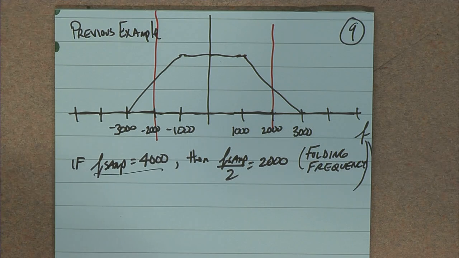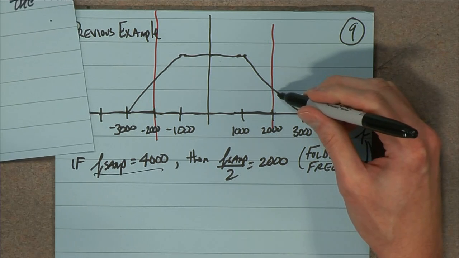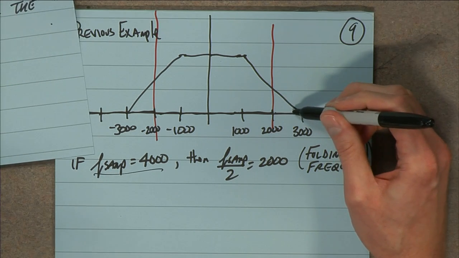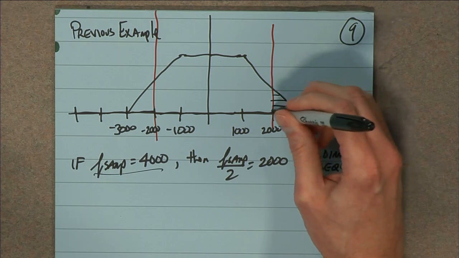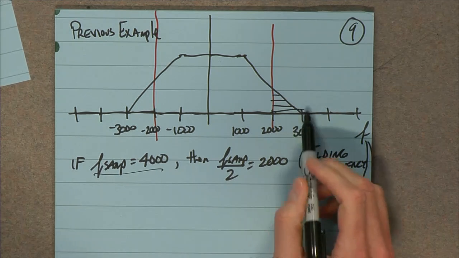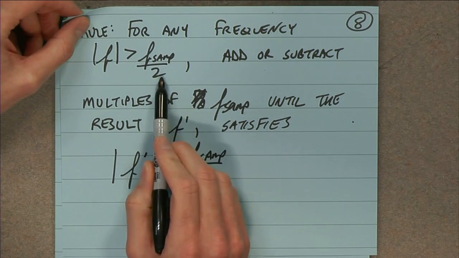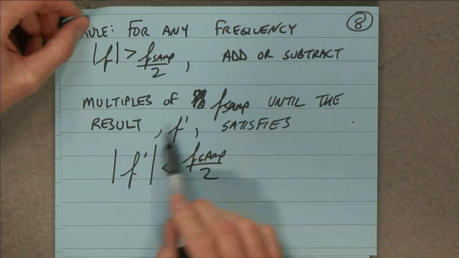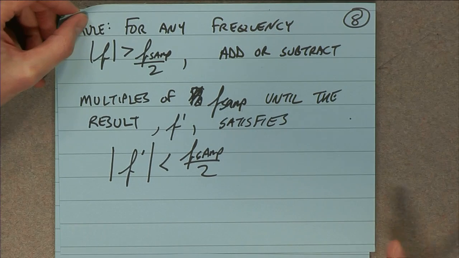So now let's think about this and apply our rule, starting with, well, if that's the case, what about all this bandwidth over here? And so I'm just going to put some hash marks on it like that. What about all this bandwidth over here? It is certainly greater. If we go back to our rule, these frequencies are greater than f-samp over 2. So I'm going to add or subtract multiples of f-samp until it satisfies a frequency less than that. So it's kind of wrapping back in. Sometimes people use the word wrapping.